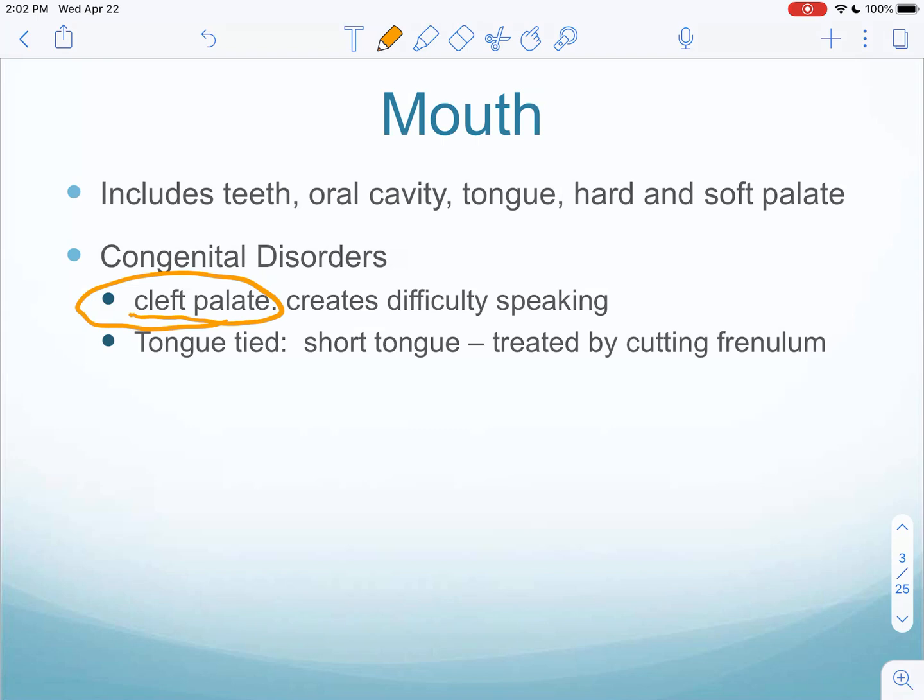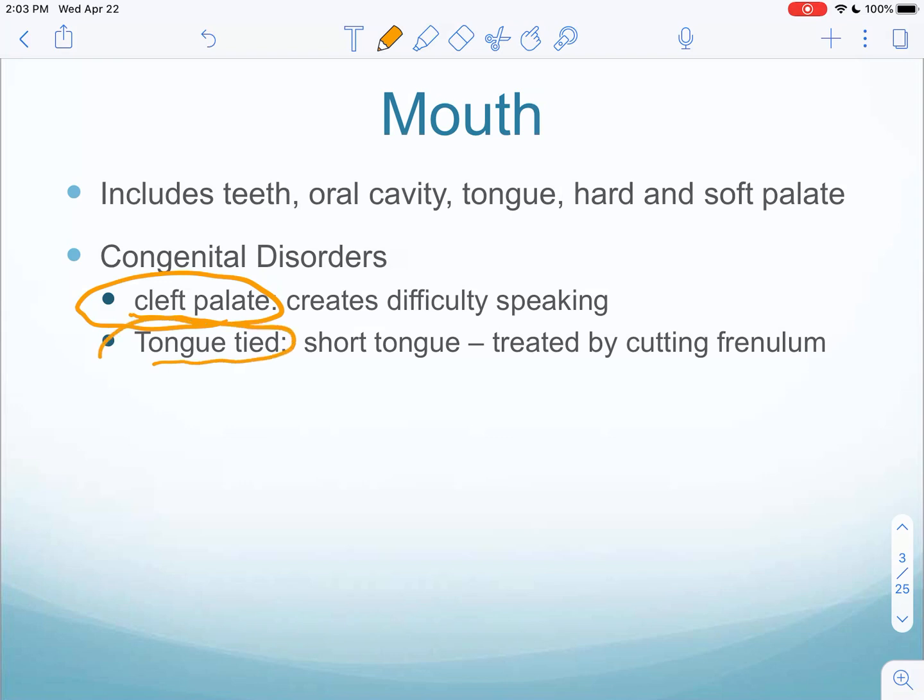But what it does is open up your respiratory and your digestive tract, because the palate separates your oral from your nasal cavity. So if you're trying to eat foods and speak, having an opening is going to make that difficult, because you may have food that goes up into the nasal cavity. You're going to have air that's supposed to go through the nasal cavity down the pharynx, and instead some of it is going to whistle and pass through into the oral cavity, so it creates a lot of problems.